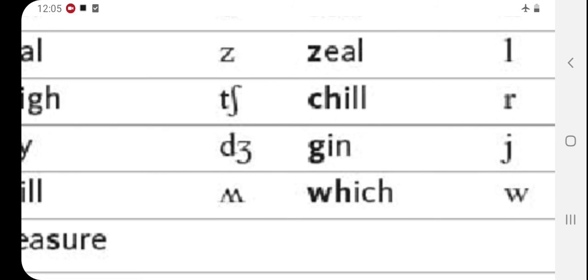And for the G sound, because sometimes G gives us a sound of ja and sometimes ga, like gun and giant. So the same alphabet gives us two pronunciations, ja and ga. The international transcription for the ja sound is D and a small z. This is an international symbol to transcribe the ja sound.